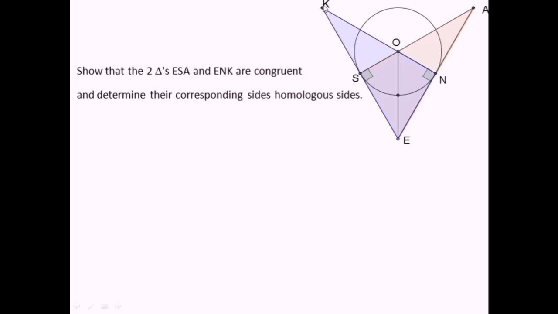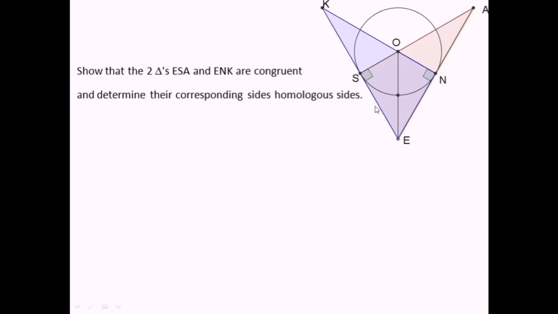In fact, we can say that KNE is equal to 90 and ASE is equal to 90 also. So we find that an angle here in the blue is equal to an angle here from the red. So till now we have a side from here equal a side from here and an angle from here equal an angle from there. So we have found angle, side.